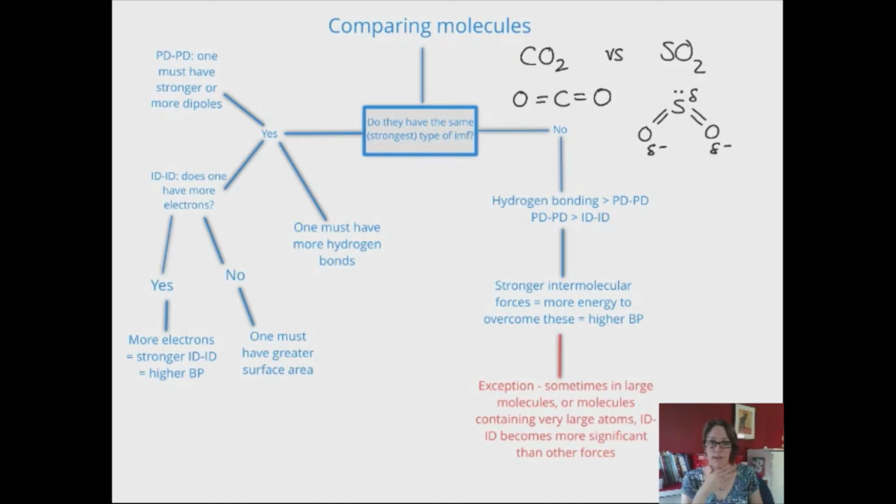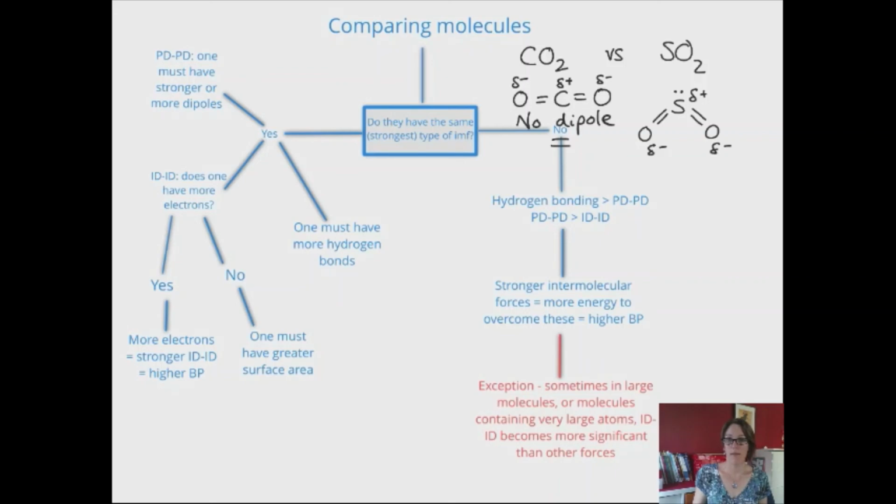So sulfur dioxide does have an overall dipole moment. It has a positive end and a negative end. But in carbon dioxide, the oxygens are 180 degrees apart. So there's no dipole, even though the bonds are polar. So the CO bond is polar, but there's no dipole.